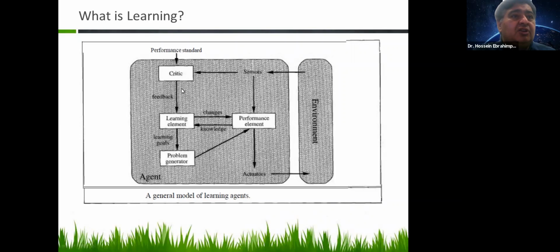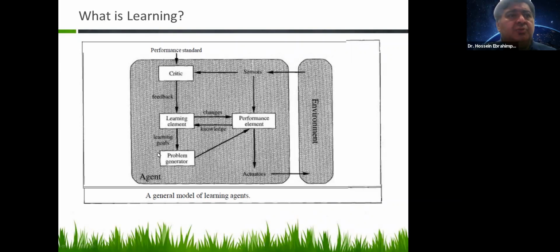If something is wrong, it sends feedback to the learning element, and then the learning element informs the performance element that you must change your behavior. Otherwise, you will be punished. This loop will happen more and more and more, and finally your system can learn that the bad behavior is bad, otherwise it will be punished again.